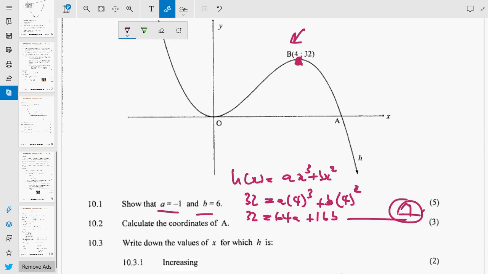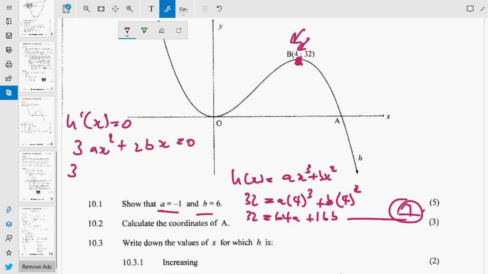But if you look, B is a maximum. And what is happening at a maximum? The gradient is equal to 0. That means the derivative is equal to 0. So what is the derivative? It is 3ax squared plus 2bx.